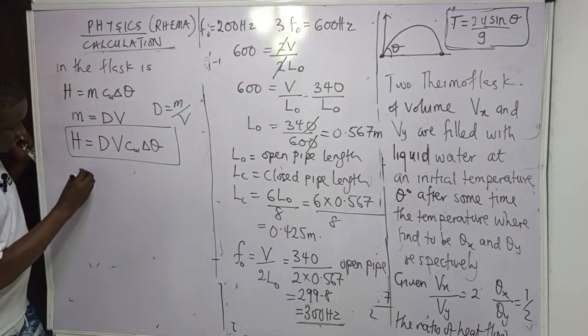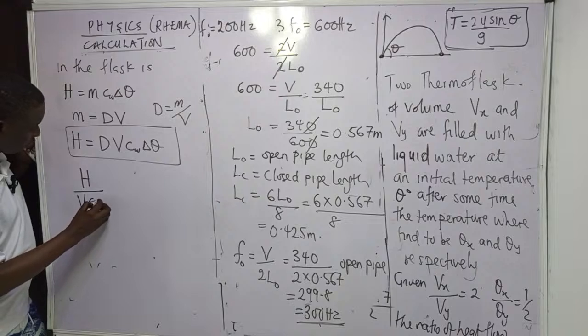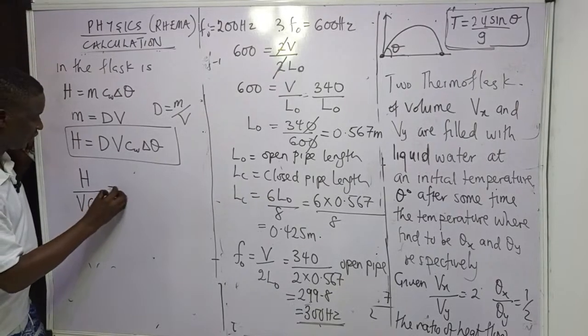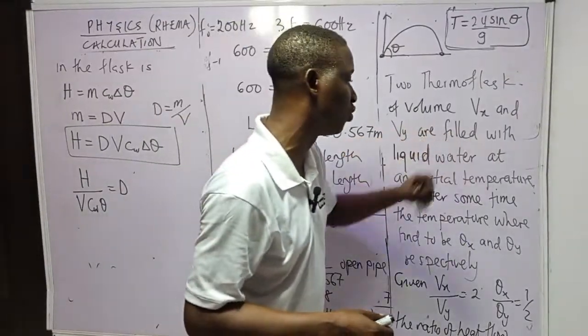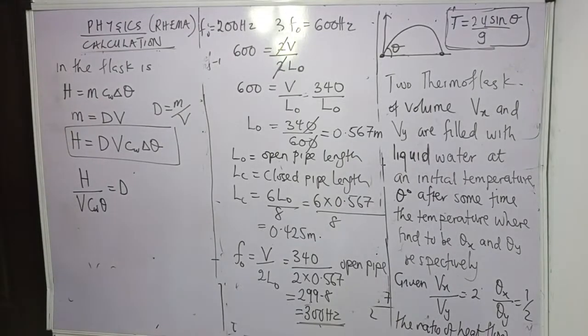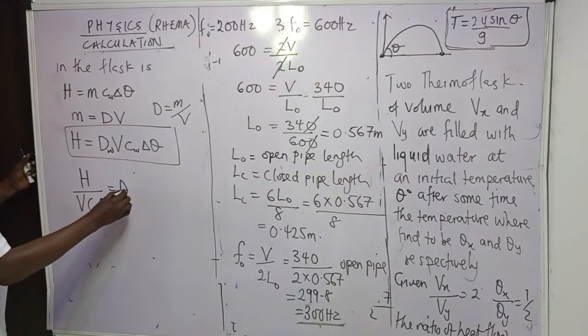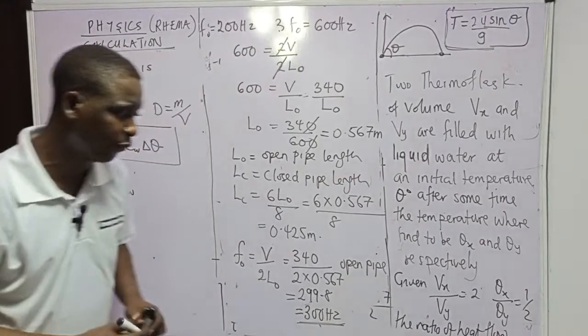That means H equals V times C of water times theta times density, because it is the same water being used. The density of water is standard: 1,000 kilogram per meter cube.